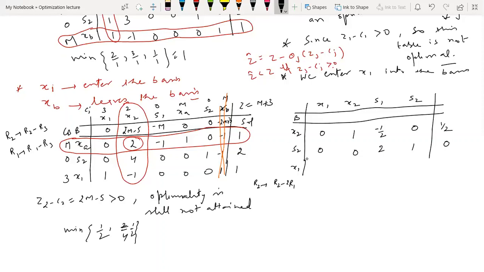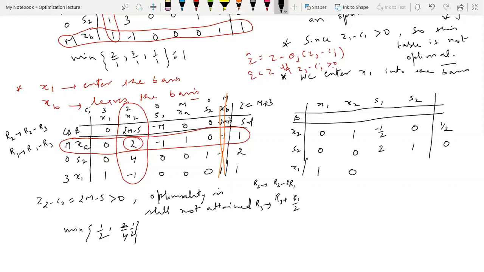And for the last row, you divide this by 2 and add it to this one. So row 3 plus row 1 by 2. So this value will become 1, this will become 0.